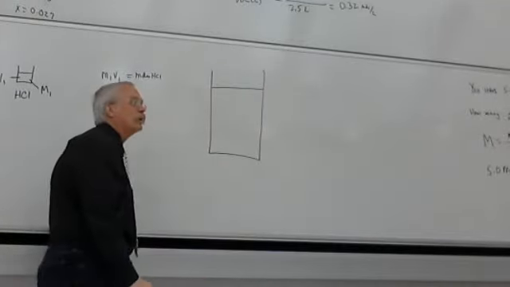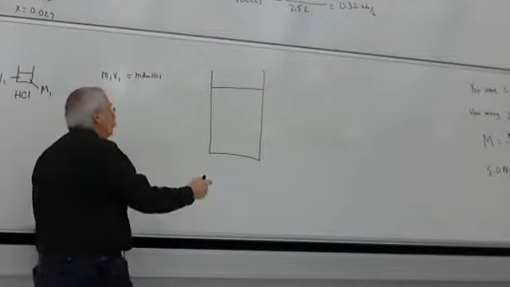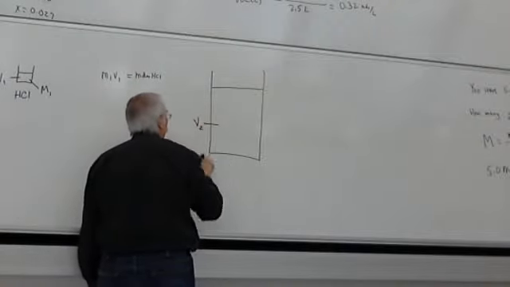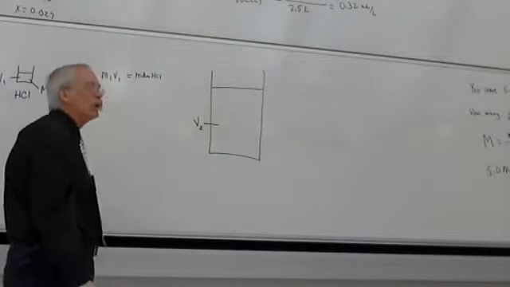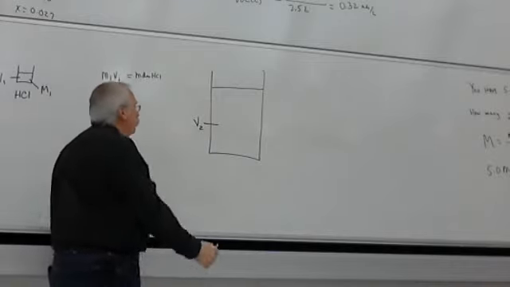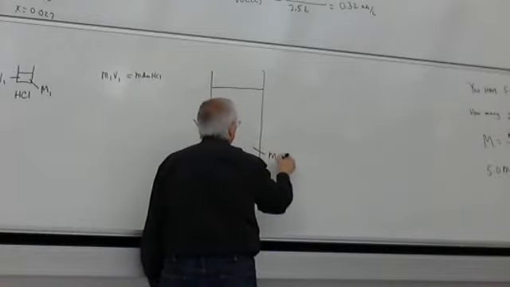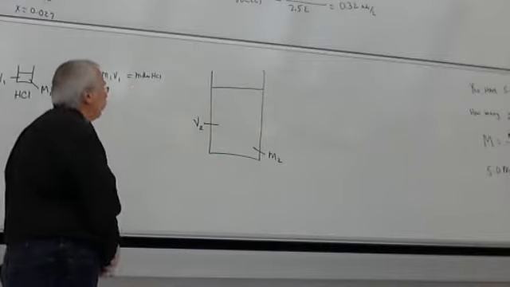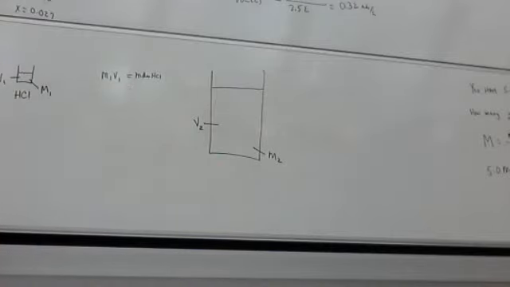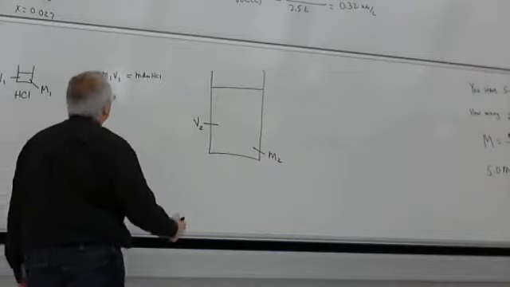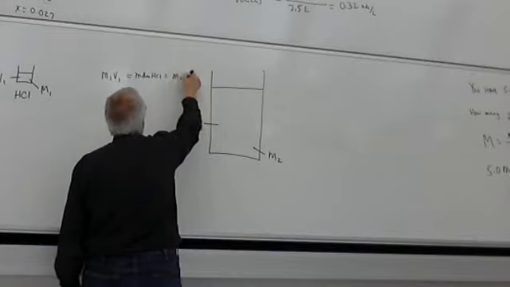Has my volume changed? I'm going to give you the new volume, V2. Has my concentration changed? I give you the new concentration, M2. If I were to ask you to calculate the moles of acid in the large beaker, could you do it? So the moles of acid would be M2 times V2.